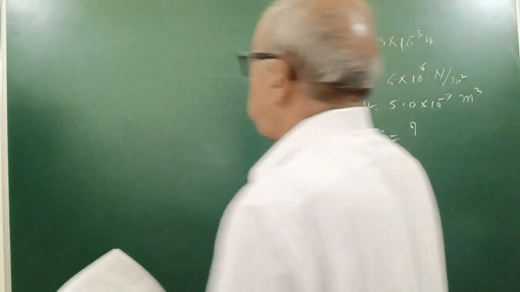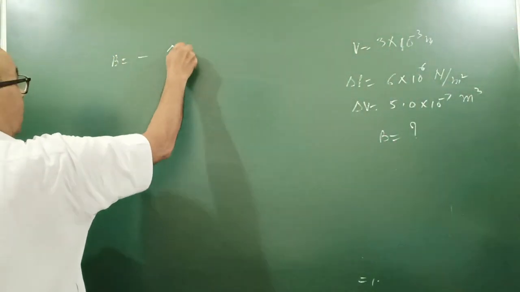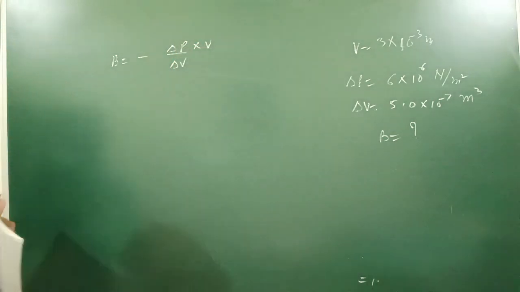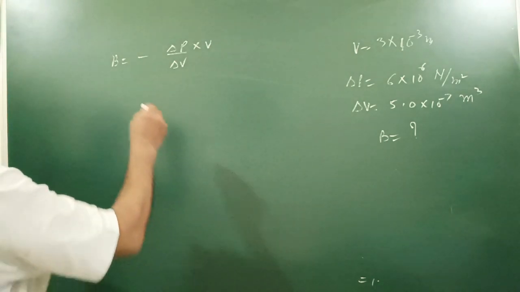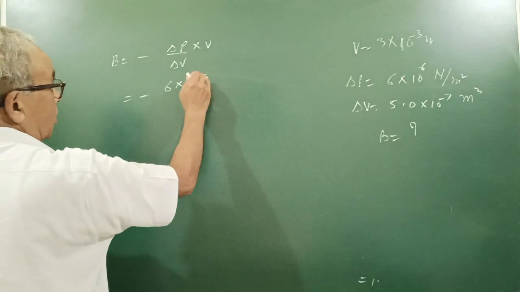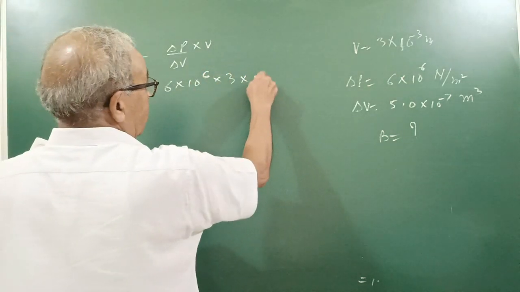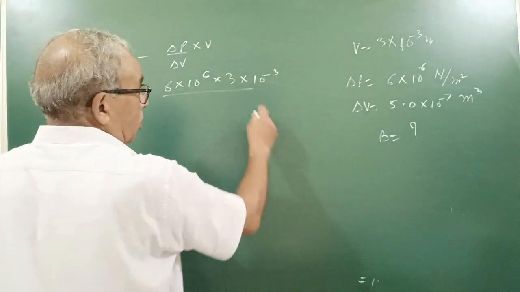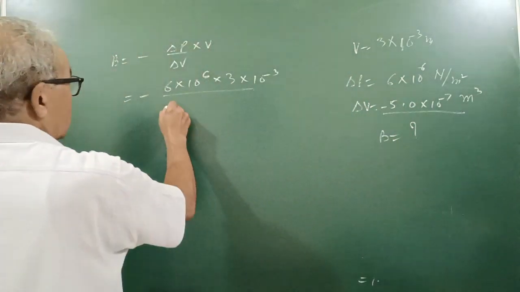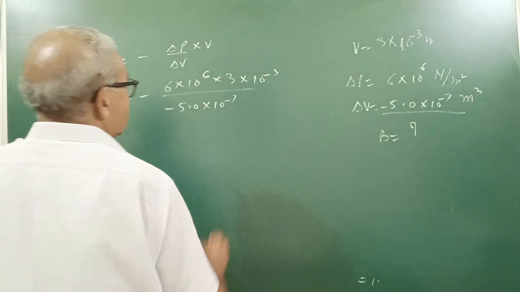This is a simple question. Actually, B is equal to minus delta P upon delta V into V. So delta P is 6 into 10 to the power 6 into V, 3 into 10 to the power minus 3, upon delta V. Since this is a decrease in volume, delta V should be minus, so minus 5.0 into 10 to the power minus 7.